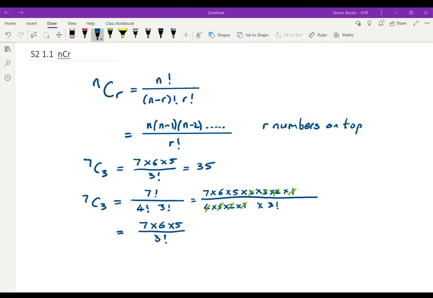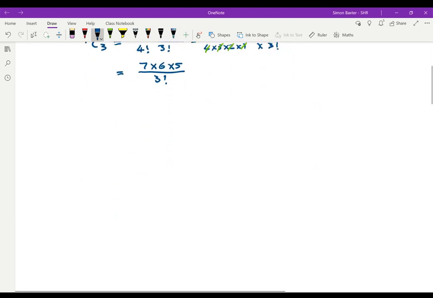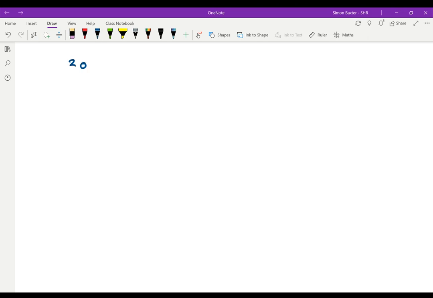What happens when we're looking at something really rather bigger? Let's suppose that we look at 20C7. This would be very awkward to do without a calculator, and we use the nCr button on the calculator. If you don't know where it is, press Shift followed by divides.